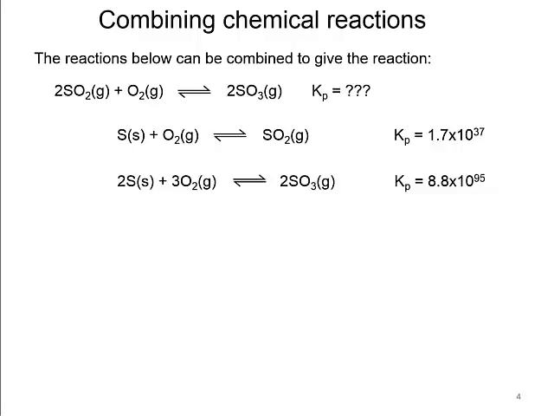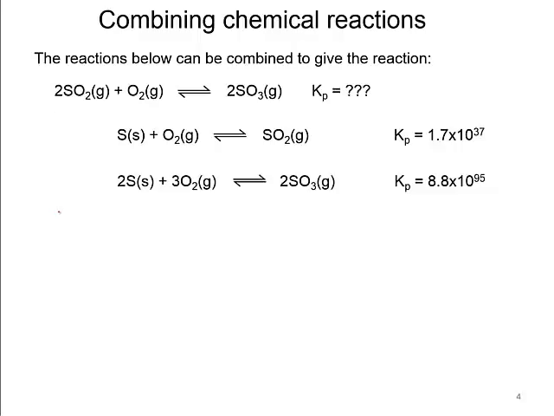In this case, I can't just add the two given reactions. That doesn't give the desired reaction. The desired reaction has two SO2 as a reactant, and SO2 only appears in the first reaction, but it appears as a product. And so I'm going to have to flip the reaction and multiply by 2.